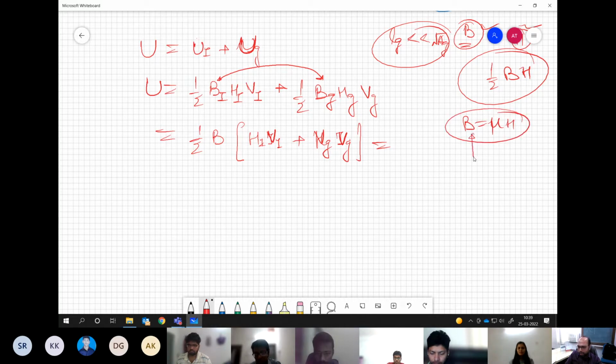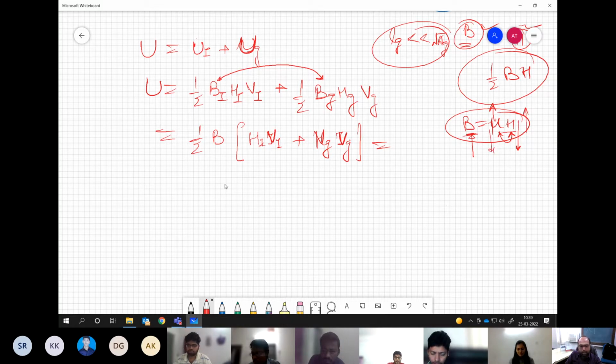But when we are saying B is constant, which means mu and H are managing this constant flux density among themselves. If mu is high, H has to be lower. If mu is lesser, H has to be high to maintain the same flux density, right?